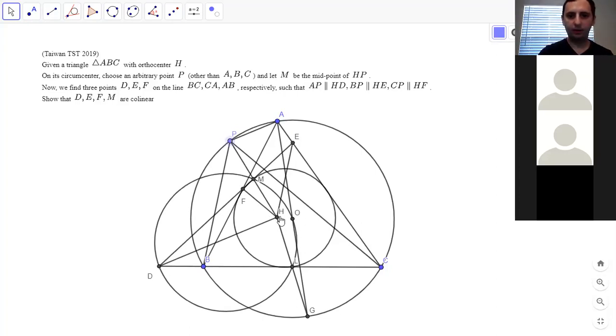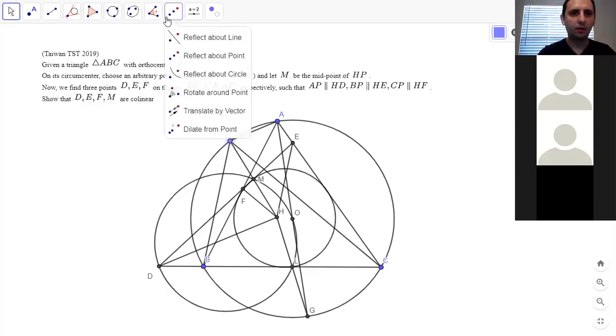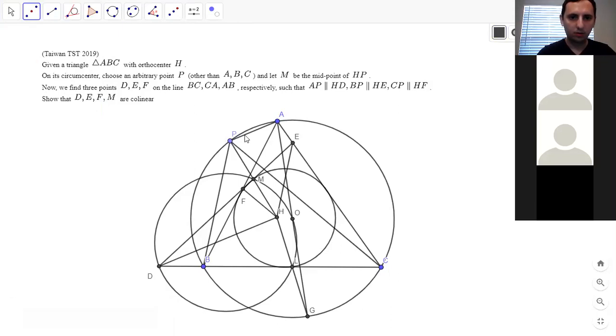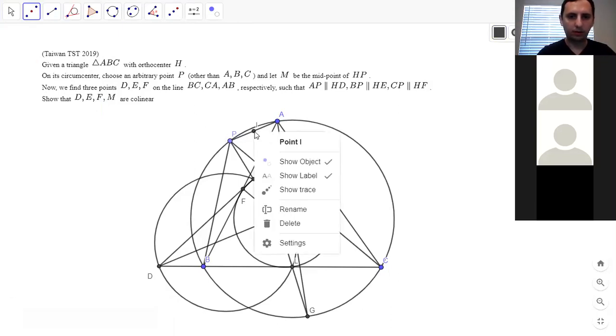So what if we, can you denote the midpoint of AP? Yes. Let's call it something better.